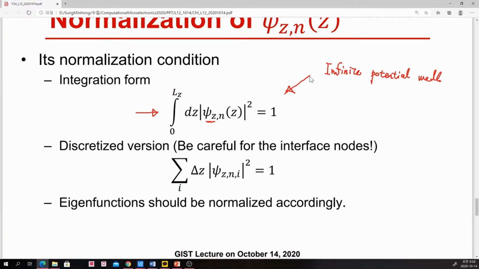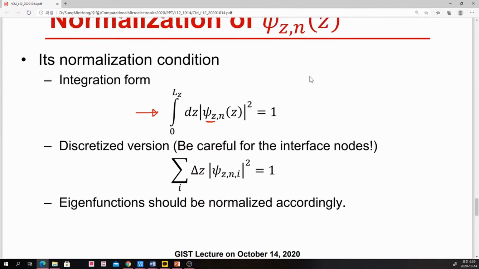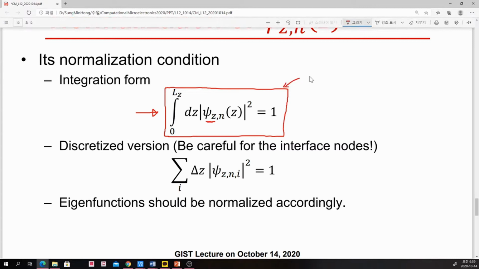But unfortunately, if we solve the general Schrödinger equation with numerical means, there is no guarantee that your numerical solution automatically satisfies this condition. So in this case, how can you do that? In that case, you should manually calculate the coefficient, and you have to scale your wave function to satisfy this normalization condition.